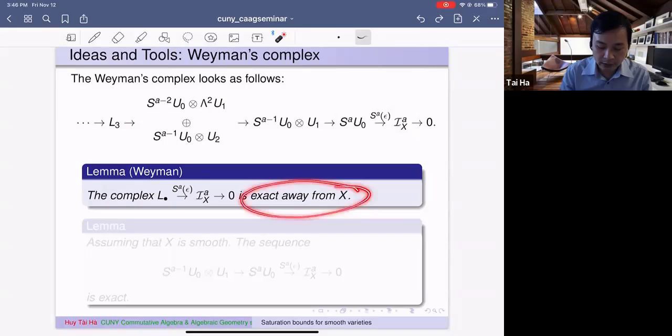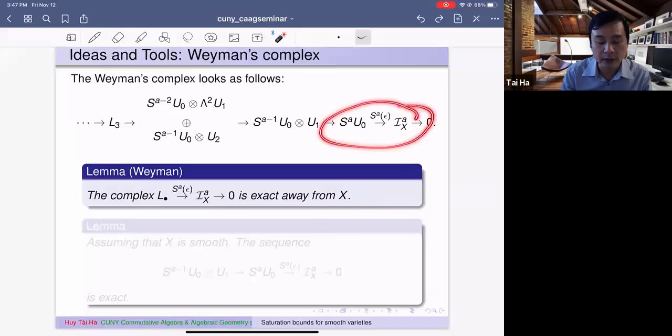Knowing it is exact away from X basically means that away from X the homology is 0. So the homology is supported on X, and that's why, if X is of dimension 1, we can make use of the standard method to see when the map of sections associated to this map is surjective.